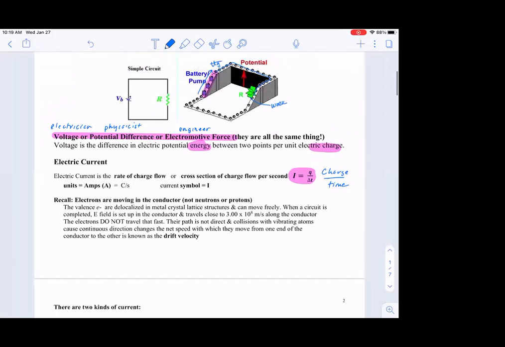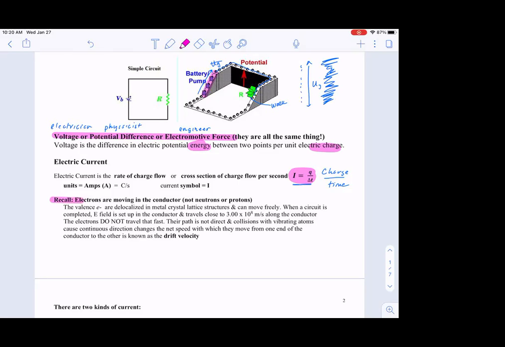So back up to this analogy, I would think about the height that the charges are lifted would be the stored potential energy, but then the amount of charge, so you could have a trickle of charge, or you could have a deluge of charge, a whole bunch of charge. The amount of charge per unit time, that's your current.